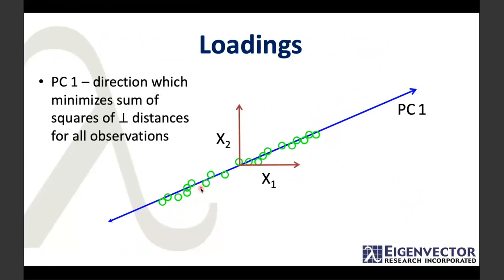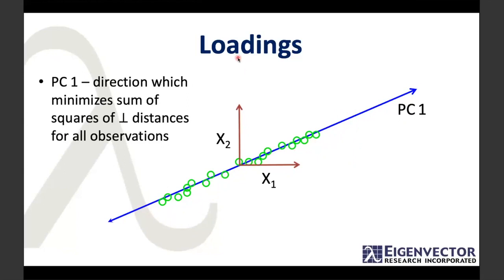And what do I mean by captures the most variance? Well, as I project each of these points onto that line, I have these measures that we'll get to in a little bit called scores, and I can calculate the variance of the scores in that direction. And PC1 maximizes the variance of the scores for our data when projected onto that line.